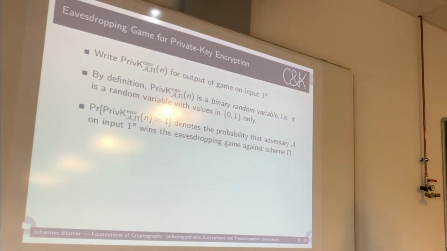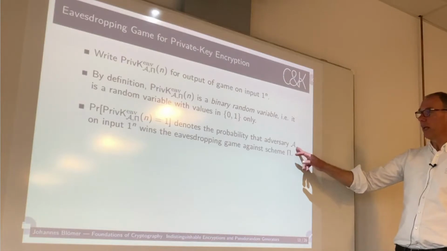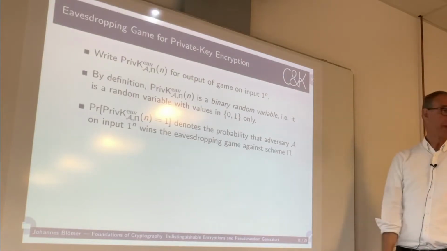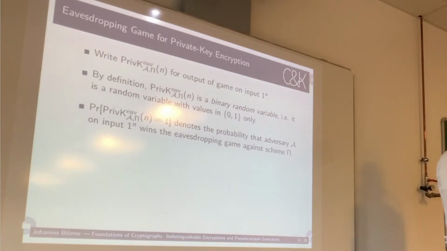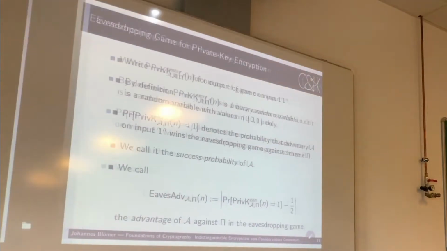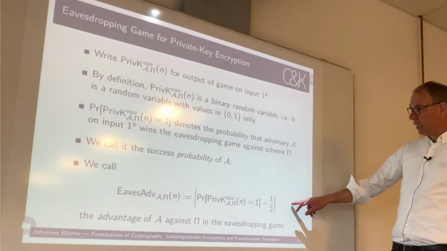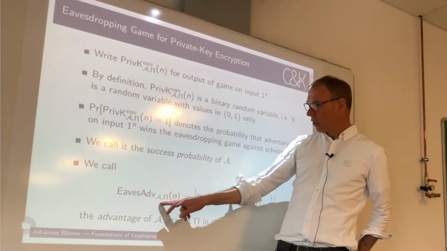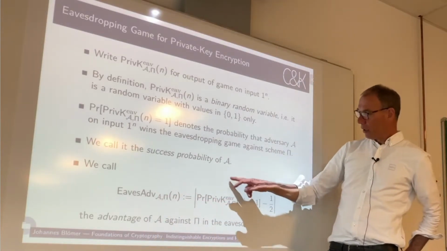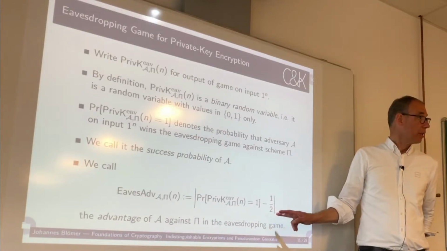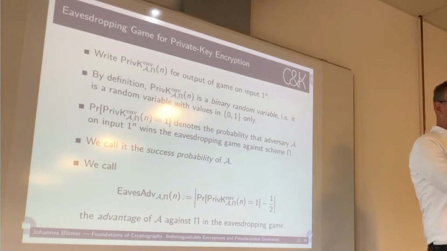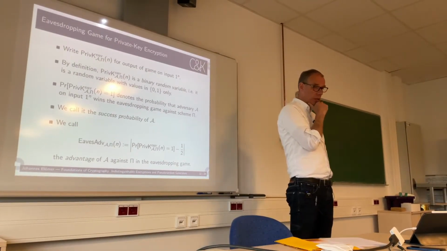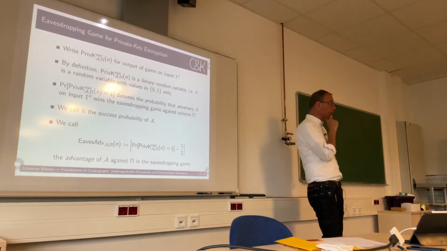And this probability denotes the probability that adversary A on input 1 to the n wins the eavesdropping game against pi. We also sometimes call it the success probability. And we call this, as I already had before, the eavesdropping advantage of A against pi on input n: this probability minus 1/2. As before, you can always win with probability 1/2 just guessing. We want to know how much better. And this is called the advantage of A against pi in the eavesdropping game.